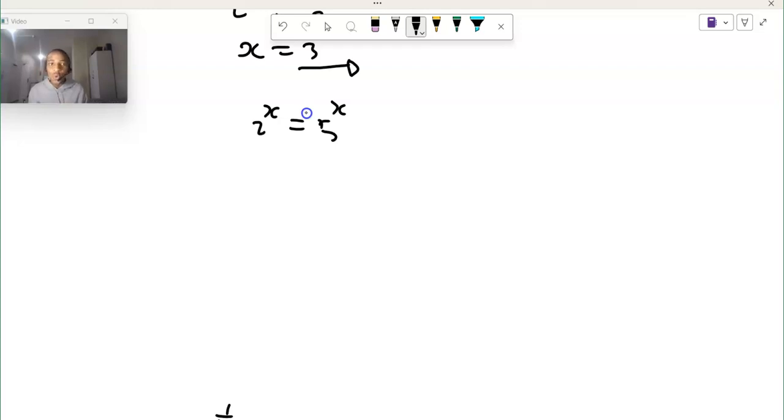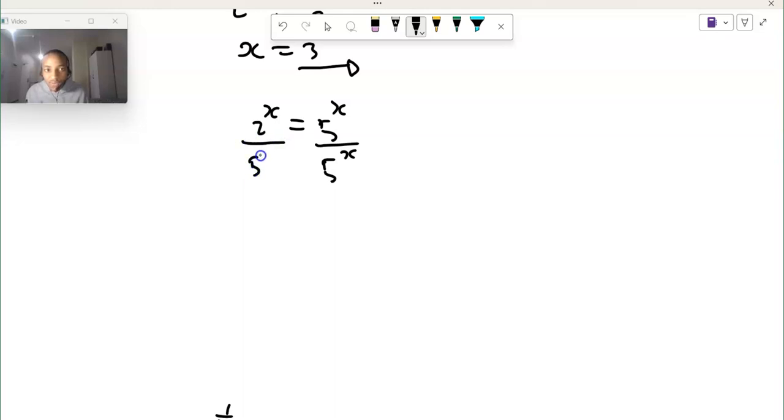What you need to do on this one is divide here by 5 to the power x, and if you divide on one side, you also need to divide on the other side, right? You need to divide both sides.